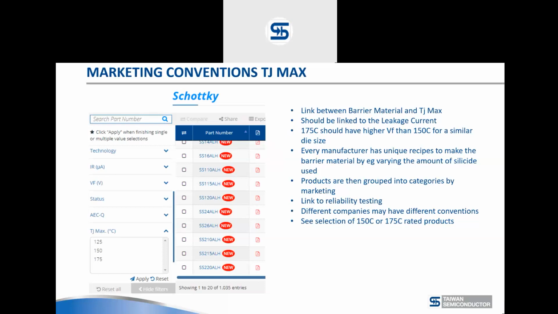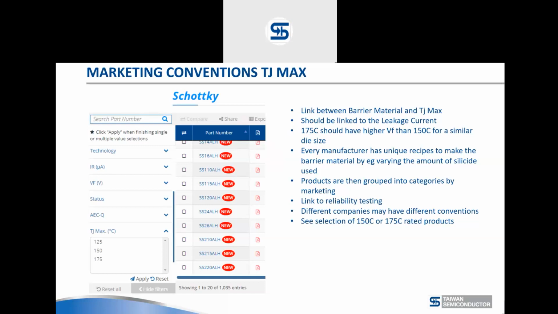So all these different barrier materials and combinations are then grouped into categories by marketing people. And we're either going to call them 150 or 175 degrees C barrier material. Or the second thing that could happen is you call them ultra low IR or low IR or something like that, other marketing names for these types of barrier materials.